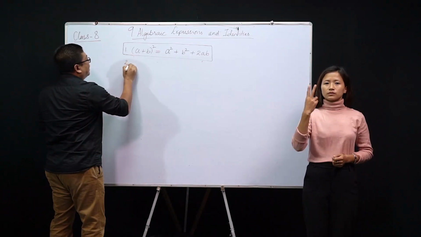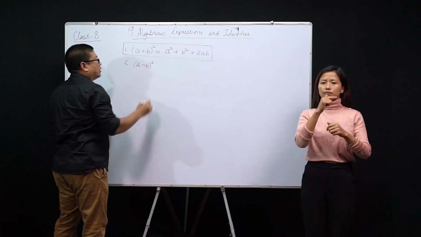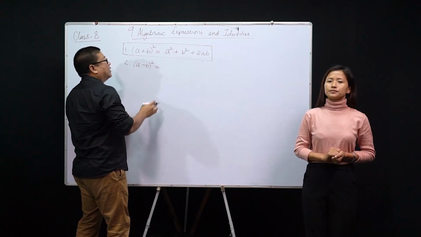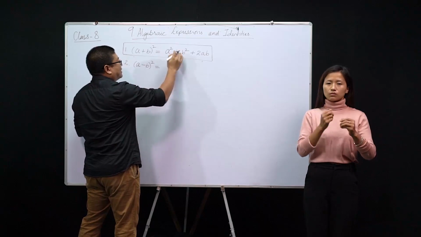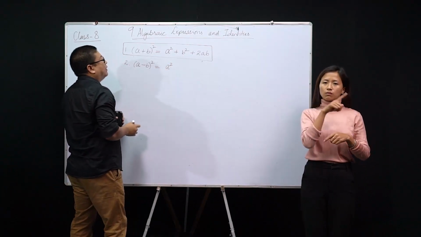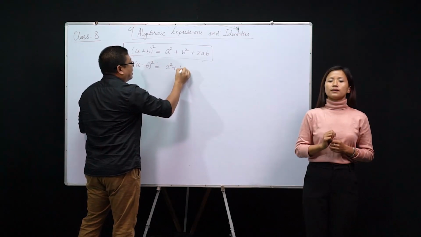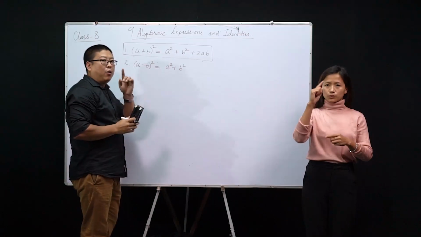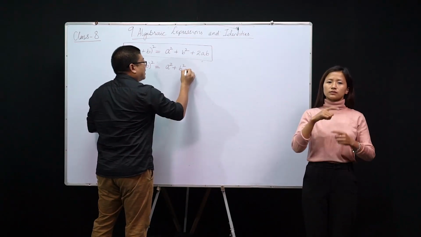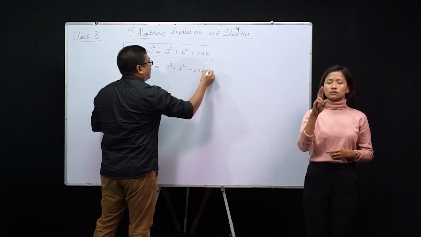The second formula is (a - b) the whole square. A minus b the whole square is almost the same as a plus b the whole square. So we will write a square plus b square. The only change is that instead of this plus, it will become a minus 2ab.